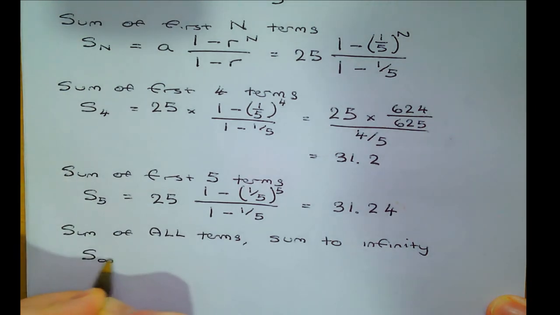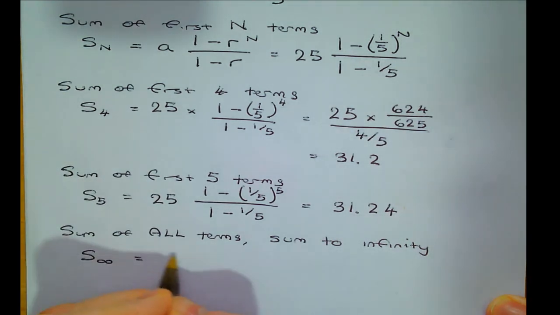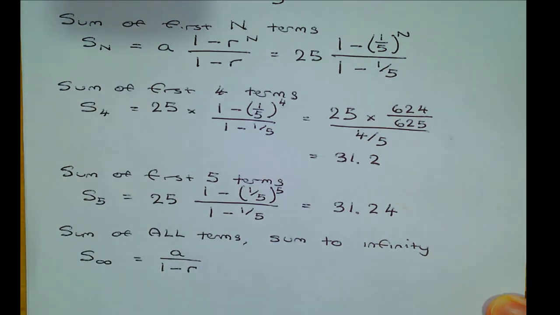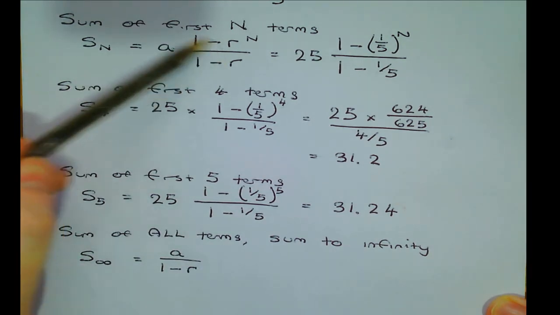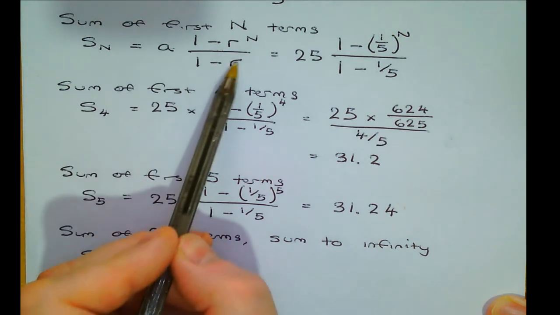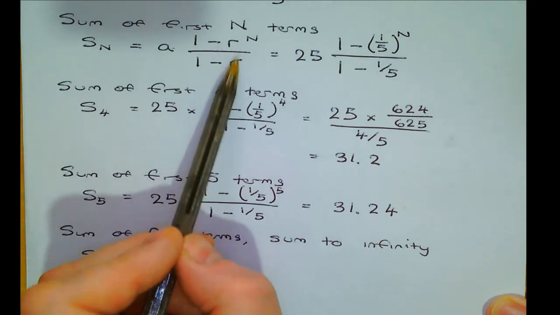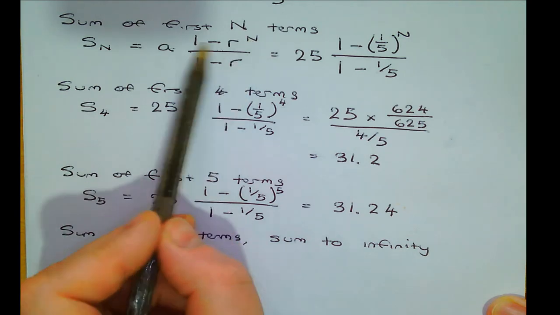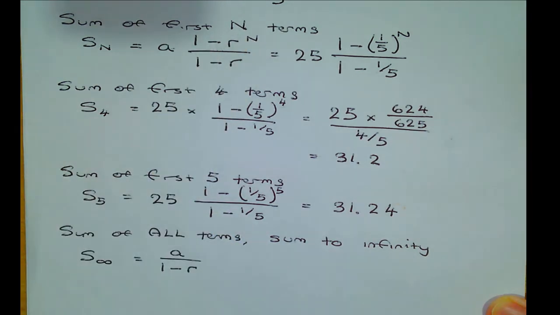S infinity is a over 1 minus r. If we did start from here, if r lies between minus 1 and 1, and we let n tend to infinity, we do see that this top line will tend to 1.